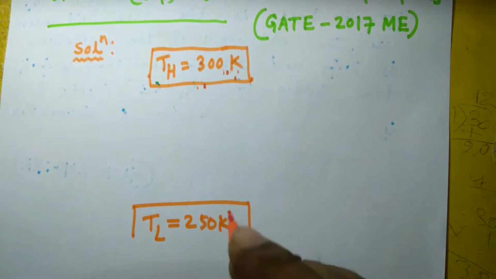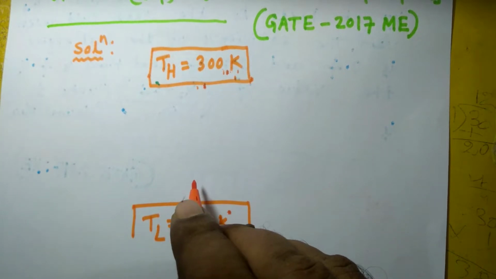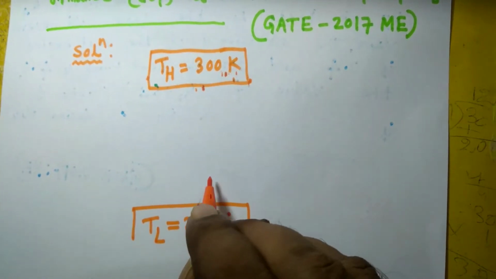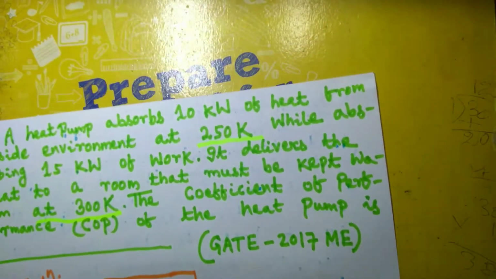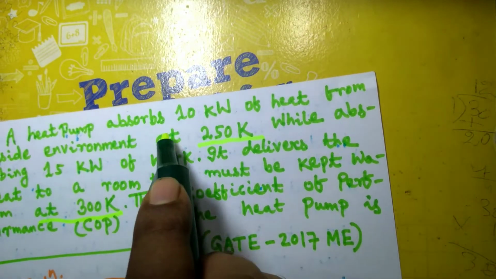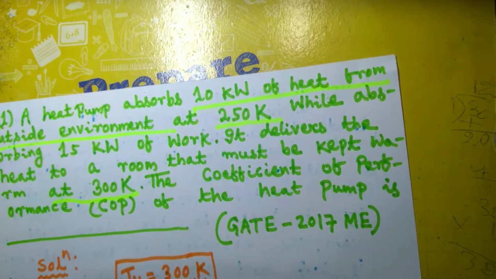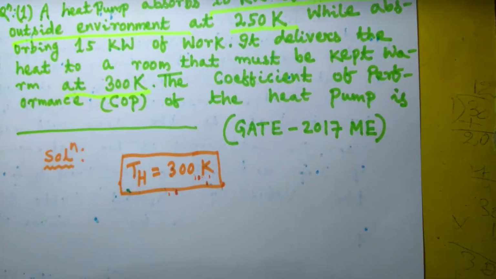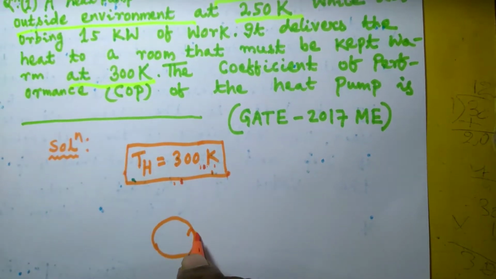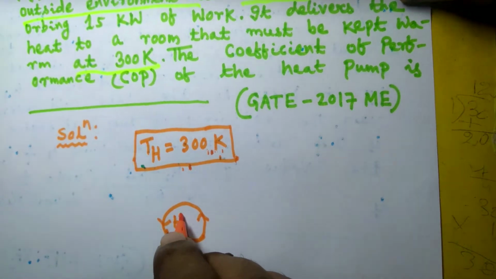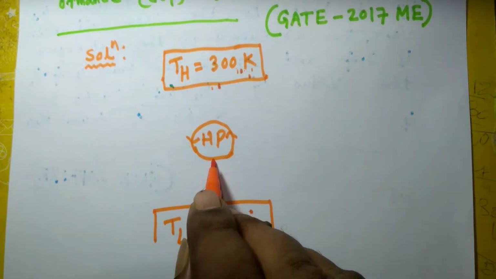So what is the heat that is transferred from the surrounding? That heat is 10 kilowatt. Heat pump absorbs 10 kilowatt of heat from outside environment. So this is, suppose, your heat pump. This is a counterclockwise device, a work consuming device.